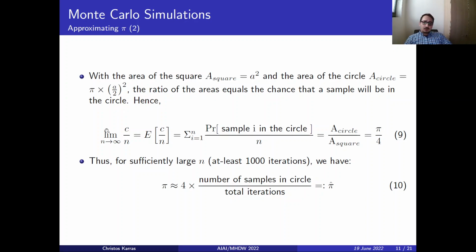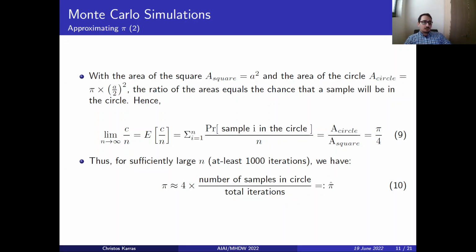So in simple words, we have this expressed by equation 9, and we basically want to measure the samples inside the circle and the samples outside the circle.